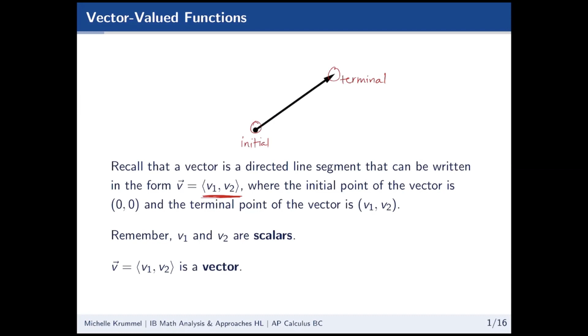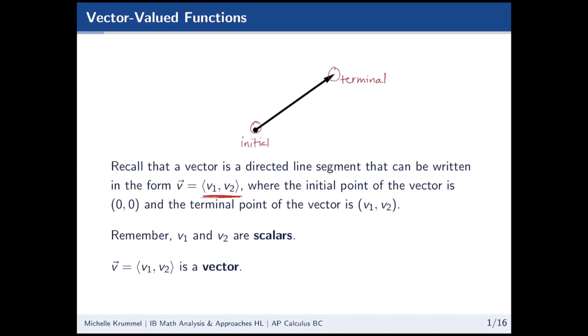These are called the components of the vector. So we have an x component, which is describing the horizontal distance from the origin to the terminal point. And then we have the y component, which is describing the vertical distance from the x-axis to the terminal point.